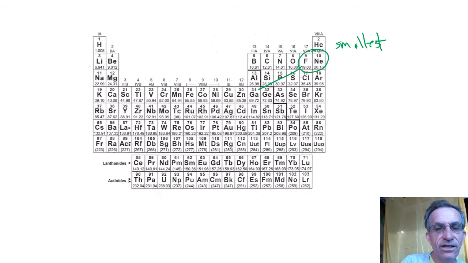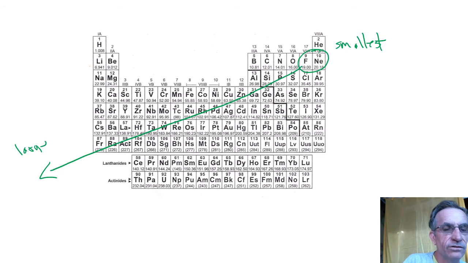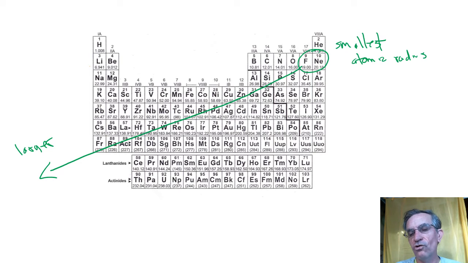So as we go this direction, we're getting larger. You get bigger atoms. Just to be clear, I'm talking about atomic radius. They have the smallest atomic radius up in this corner. As you go across and down the periodic table, you're getting larger atomic radius.